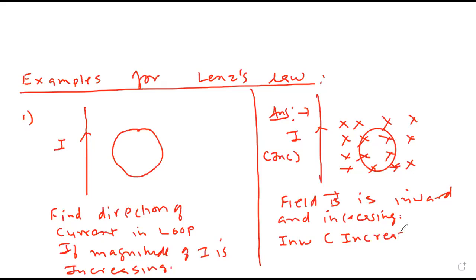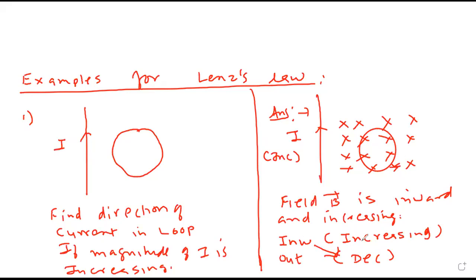According to Lenz's law, the induced current should oppose the cause producing it. So increasing should decrease, isn't it? By Lenz's law, yes. So inward will be decreased by whom? Outward or inward? Inward vector.